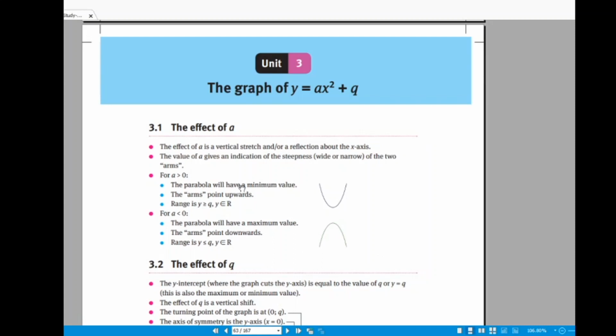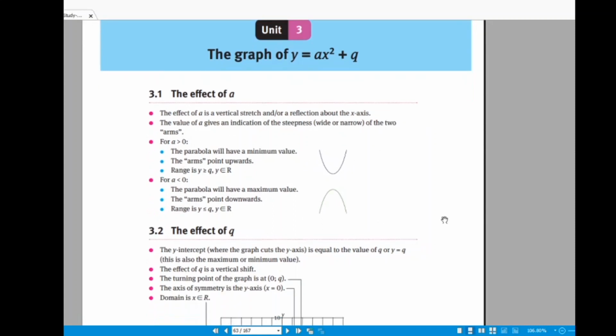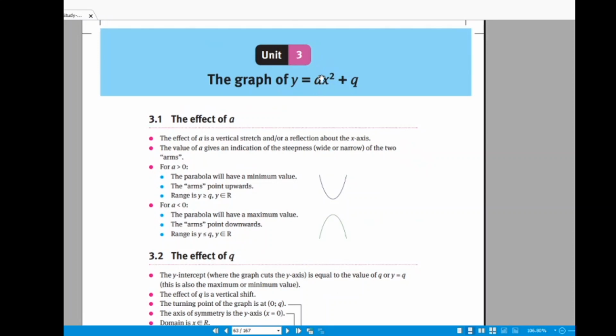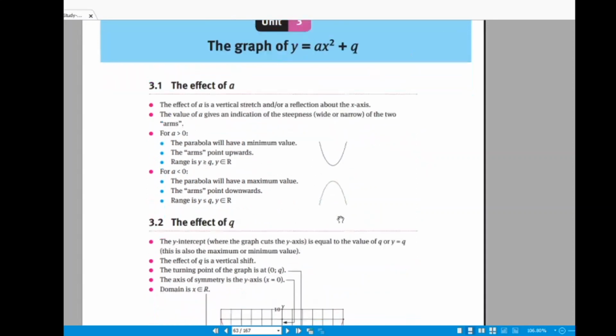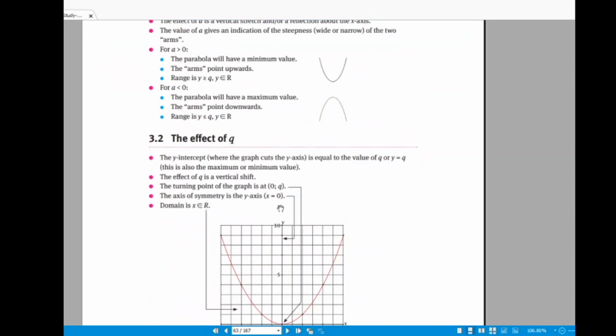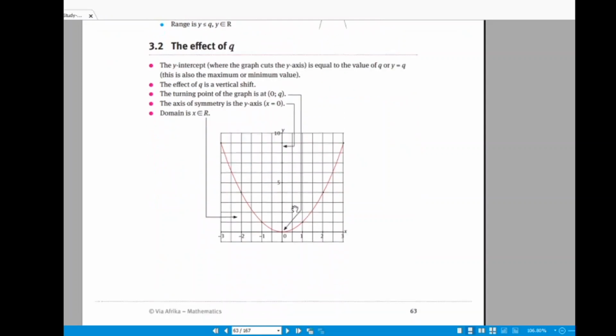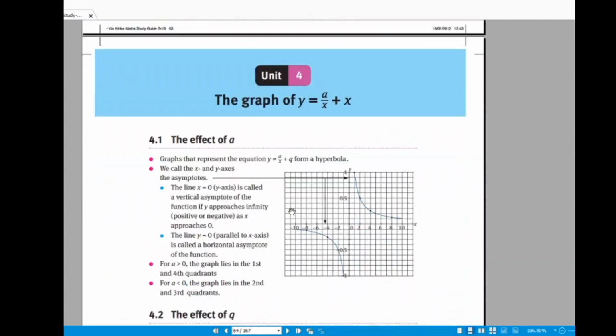The domain is x, an element of real numbers. The effects of a on the graph are that it affects the shape and the wideness of the graph. The effect of q on the graph is that it affects the y-intercept, because q is a vertical shift of the graph.